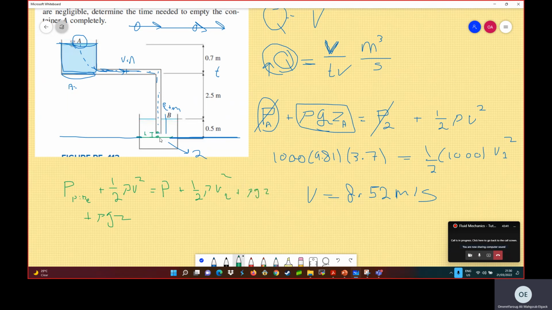Now the elevation difference is approximately negligible, so just cancel them, and here you have the pressure at the pipe. And when you exit this point and come to here, the pressure will be atmospheric, and assume that the velocity will not change that much.